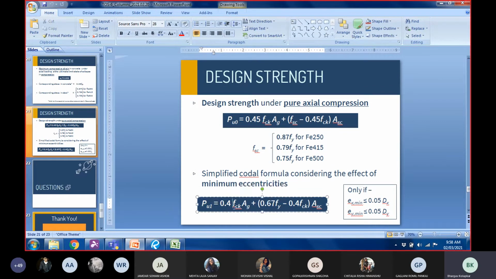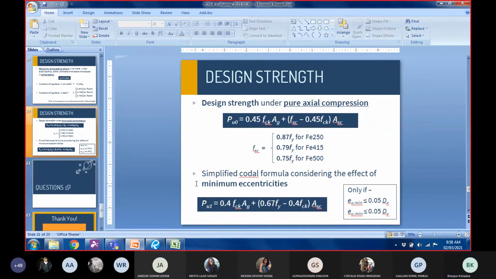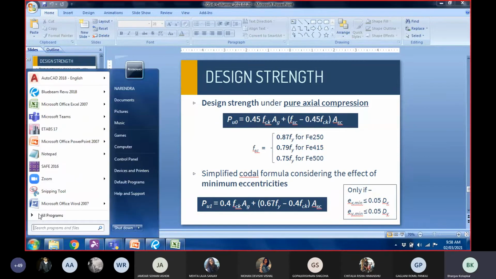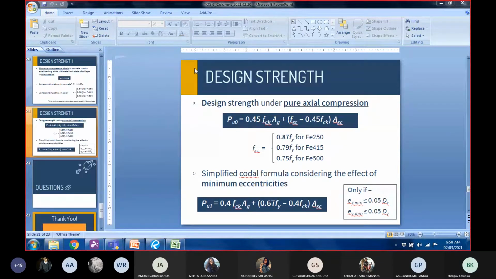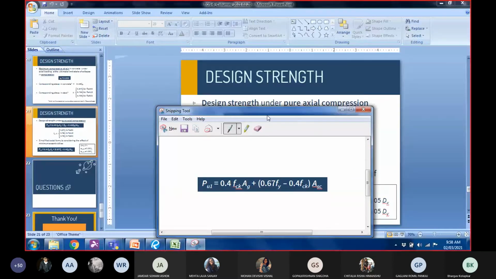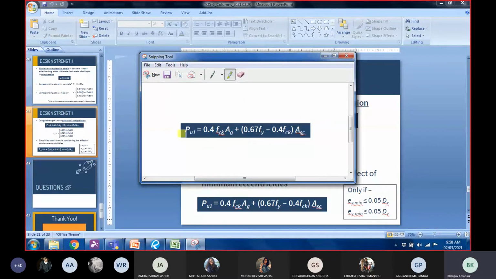When we know fck, Ag, fy, and Asc, if we look at this equation, we know this value, that is the value for which the column has to be designed. We do not know Ag. We know fy and fck, and Asc is something we've just assumed, so we know Asc. So if I use this equation, I can find the value of Ag.